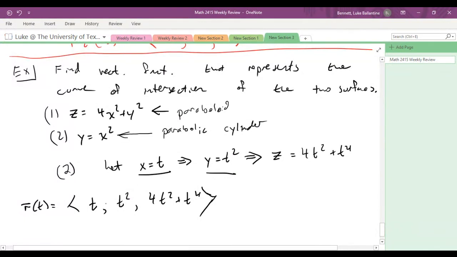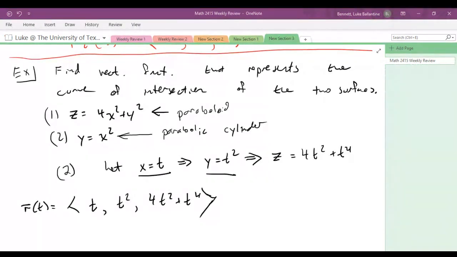So now, hopefully I can do this without messing up. Okay, I'm going to share a different screen.